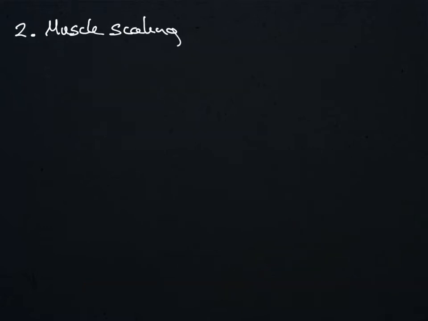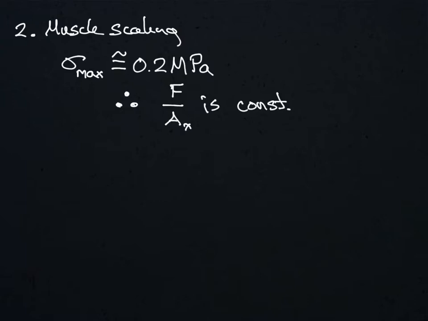The second method that we're going to talk about is muscle scaling. Virtually all skeletal muscle tissue can sustain a maximum stress of about 0.2 megapascals, which means that the force to area ratio, since stress is force over area, is constant for that tissue.